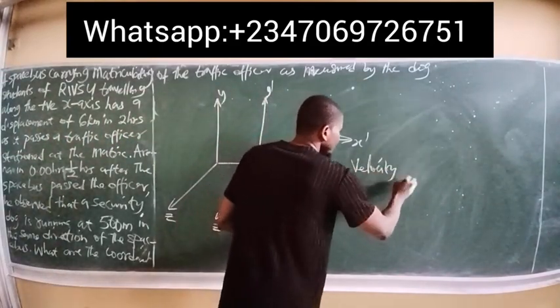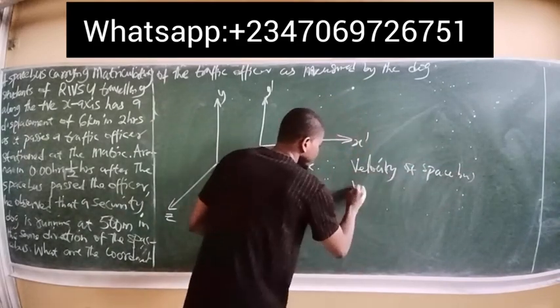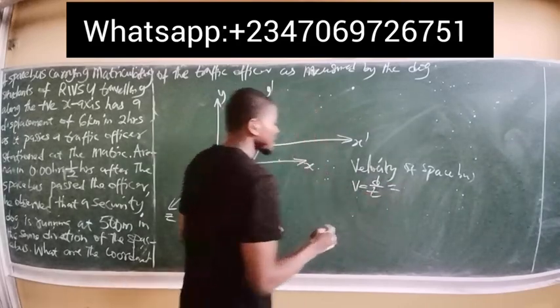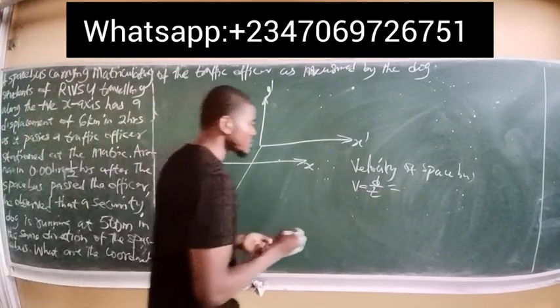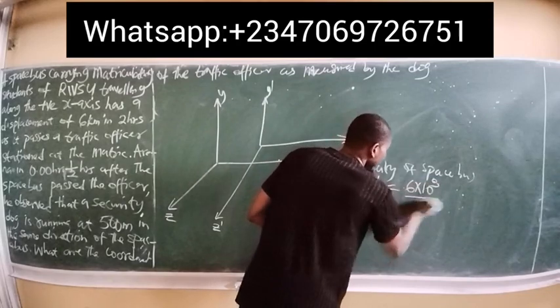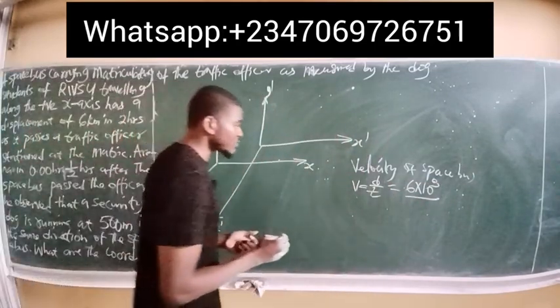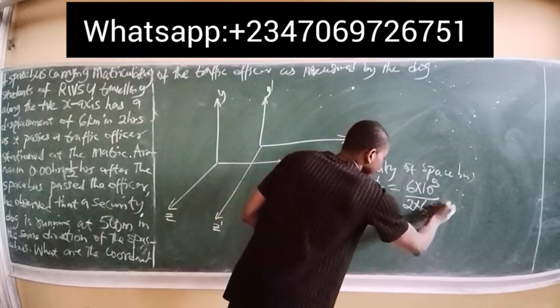So the velocity of the space bus, which is V, is displacement over time. The displacement is given as 6 kilometers, so we have 6 times 10 to the power of 3, all over time. The time is 2 hours, so we convert 2 hours to seconds, which is 2 by 60 by 60.